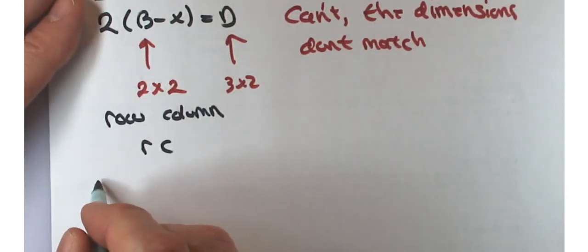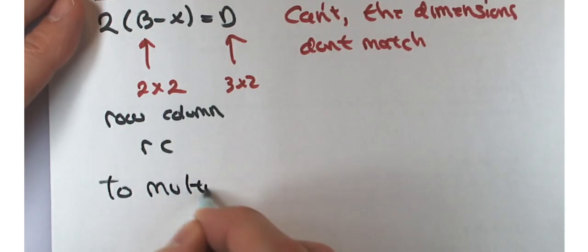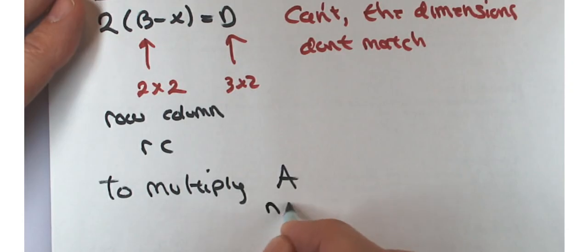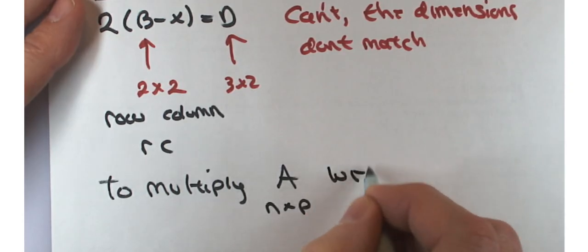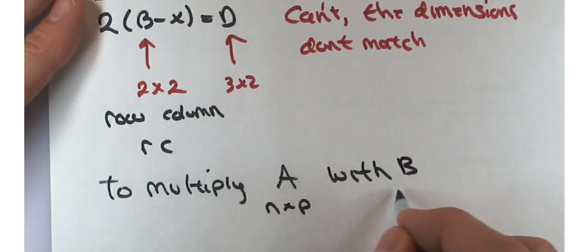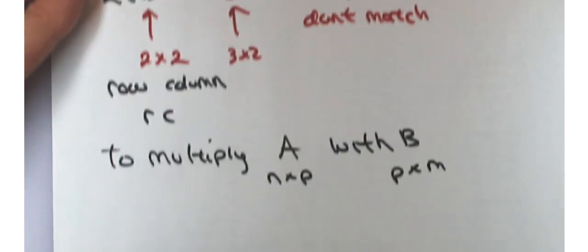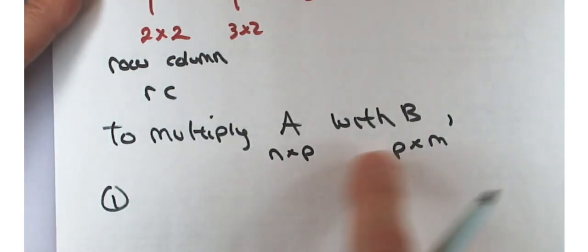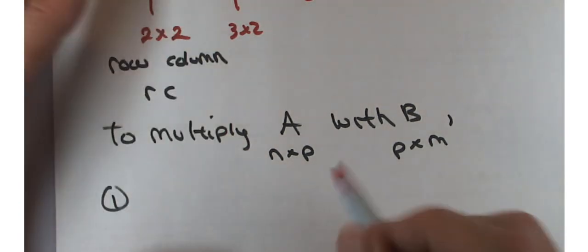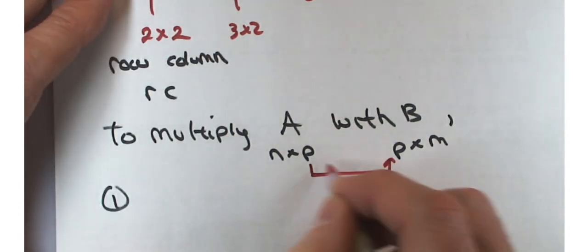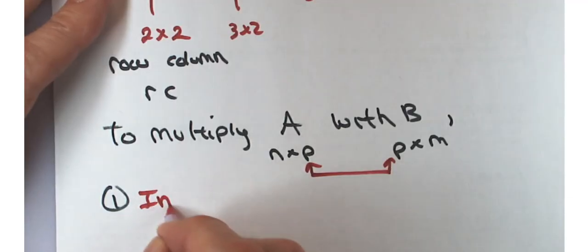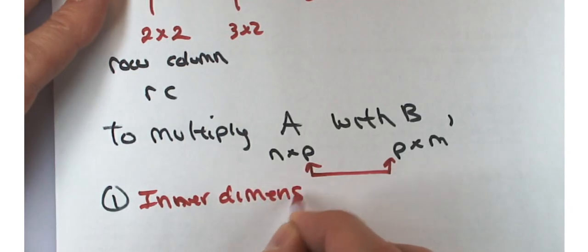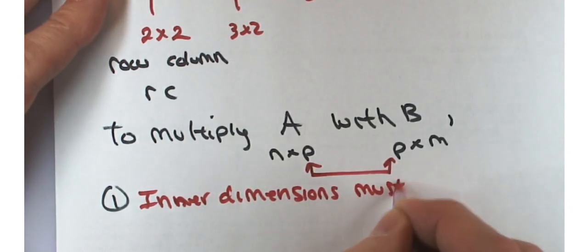To multiply A, which is going to be an n by p matrix, with B, which is going to be a p by m matrix, one, the dimensions, these inner dimensions, must match. The inner dimensions must match.